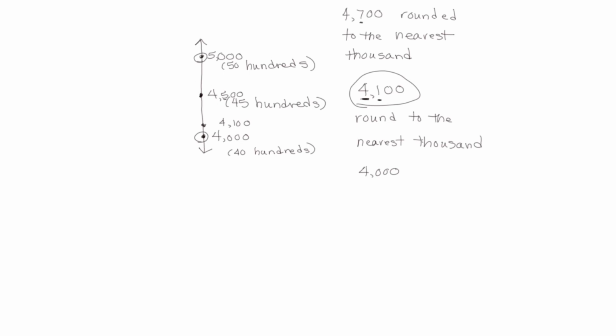So it's going to be here somewhere. So rounding to the nearest thousand, we ask ourselves, is it closer to 4,000 or closer to 5,000? And because it's above the halfway point, we know it's closest to 5,000. So 4,700 rounded to the nearest thousand would be 5,000. 4,100 would be rounded to 4,000.